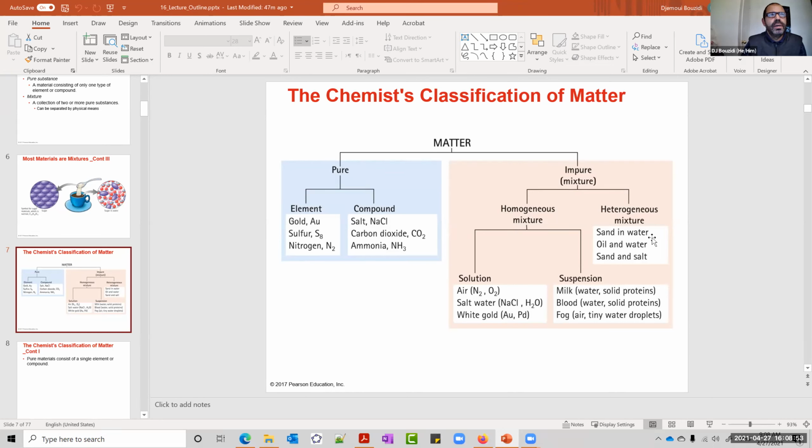Even while you're stirring, you can still see different solutions in there. Again, salt and sand, you can clearly see the difference between them, and there are physical properties that distinguish one from the other, okay? So those are the main forms of matter and how it presents itself to us. This is actually the exception to the rule, okay?